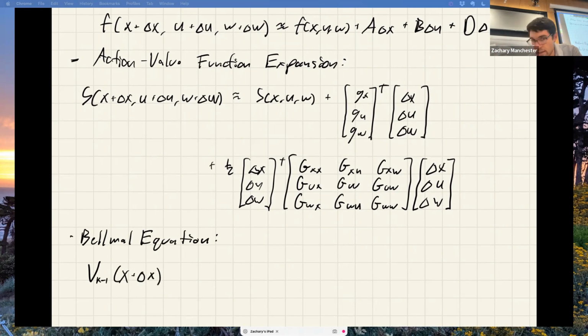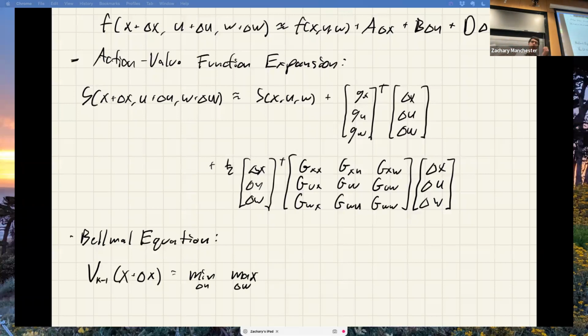So we're going to do this thing. And remember, typically we write this down as min over u of the action value function, right? But here, the tweak is it's going to be min over delta u, max over delta w. So we're going to solve the minimax problem over u and w backward, right?